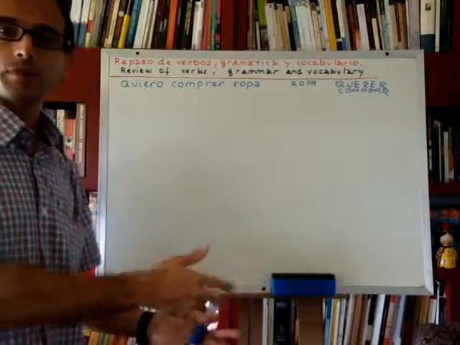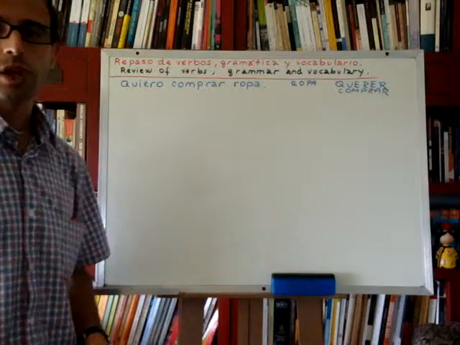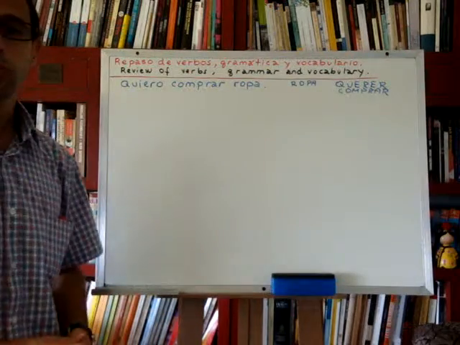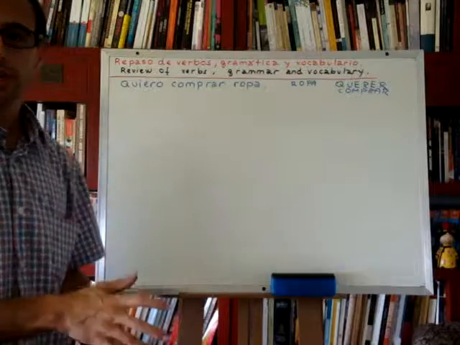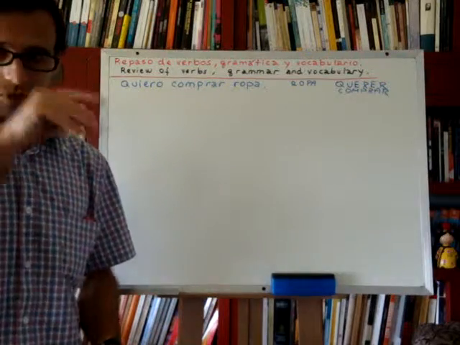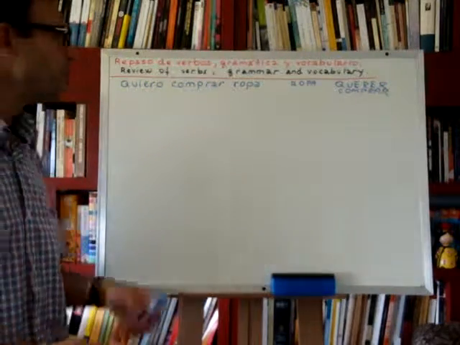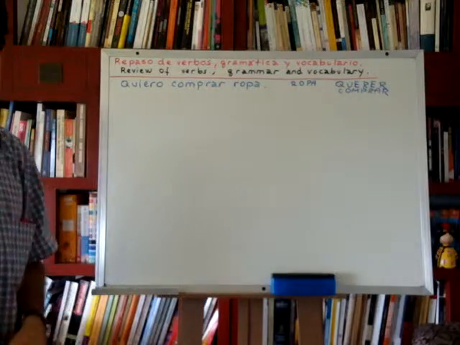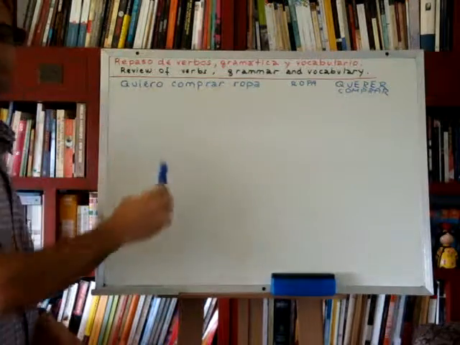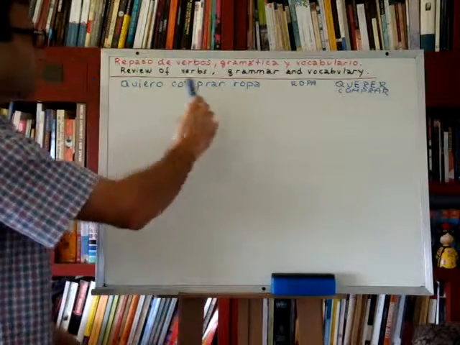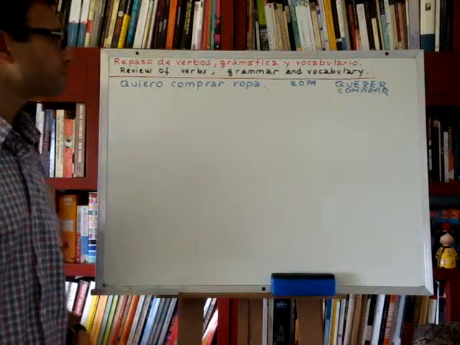For example, the name. Instead of saying he, we want to say John or Jenny. When we are talking of I, in Spanish we usually omit the yo, okay? But if you add it, it's okay. Yo quiero comprar ropa, right?